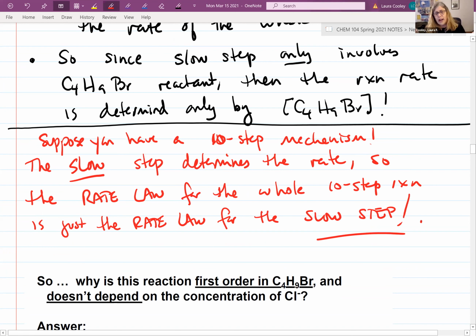In a way, this is great because we don't have to worry about the rate laws for all of the steps. We only really have to worry about the rate law for the slow step.